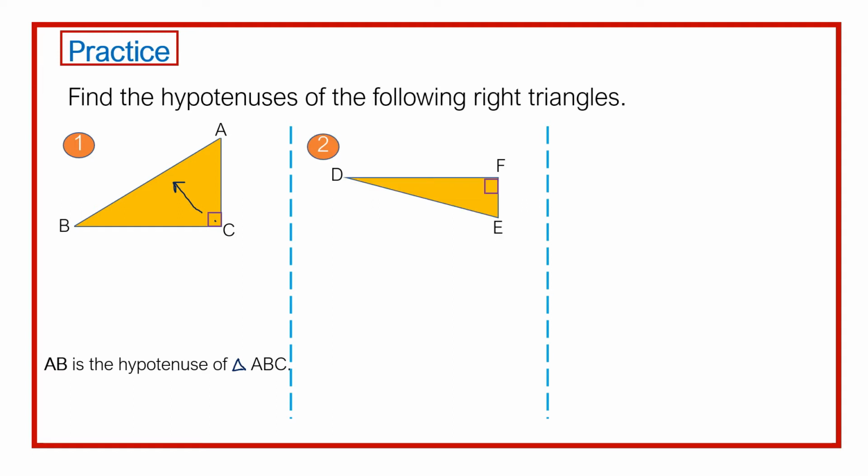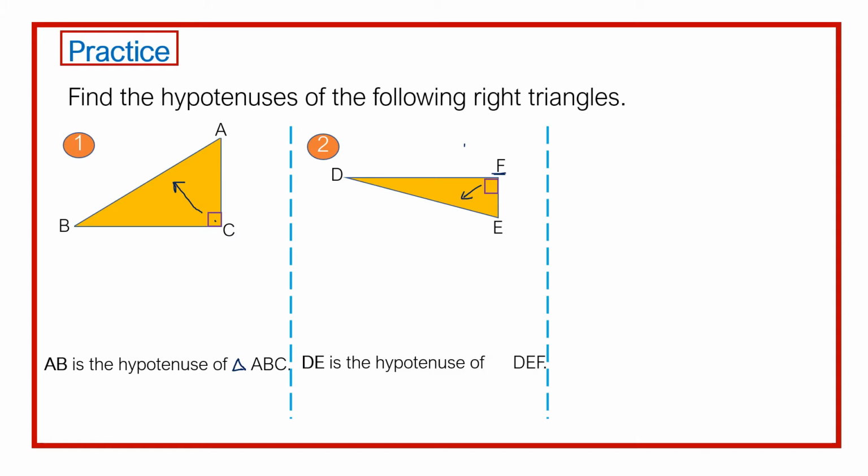In number 2, we have got triangle DEF. So, to know the hypotenuse, we need to know the biggest angle. The biggest angle in this case is angle F. So, I need to know the side that is opposite angle F, and that is DE, this one.